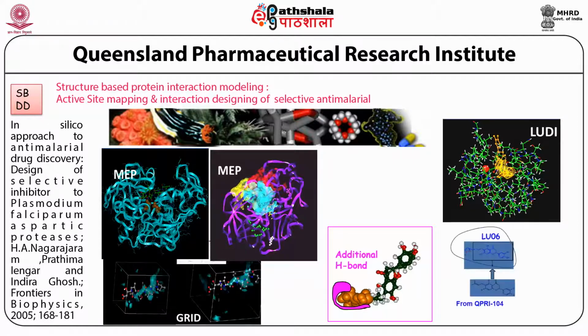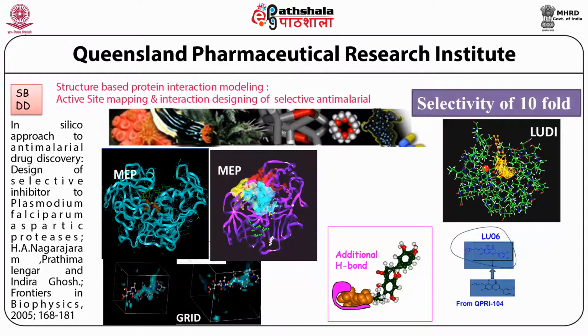Then we mapped the active site and used GRID, another program, to identify which interactive sites are still available.